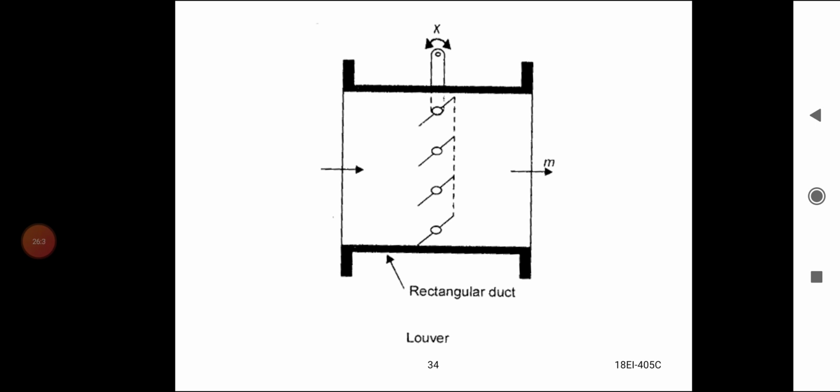In counter-rotational louvers, alternate vanes rotate in opposite directions. That provides a restriction to the flow of fluid in the line, and it is able to control the fluids passing through the valve body, the rectangular duct.